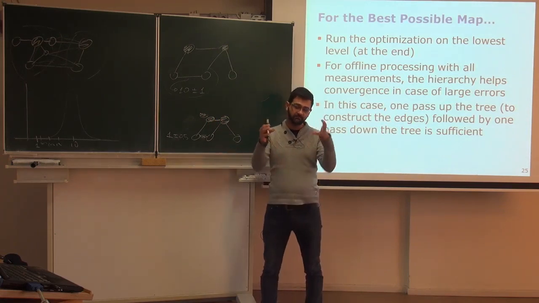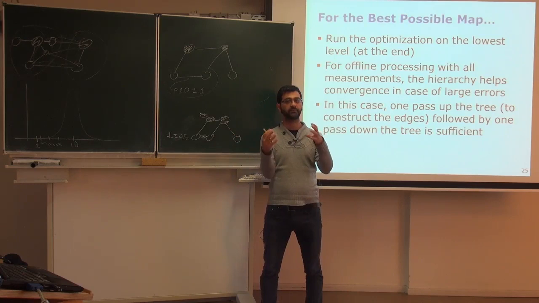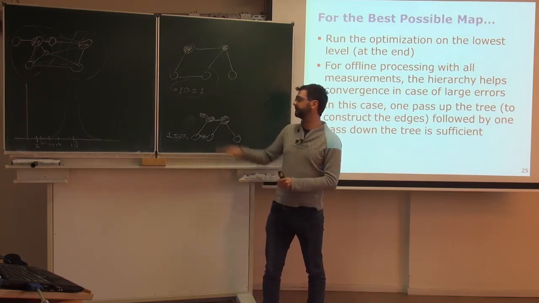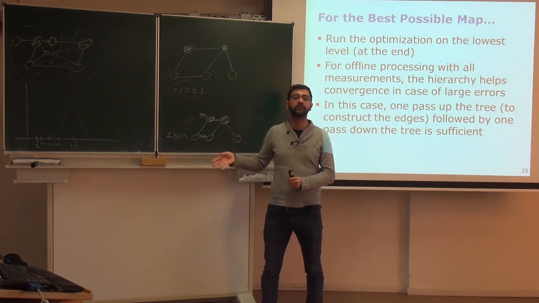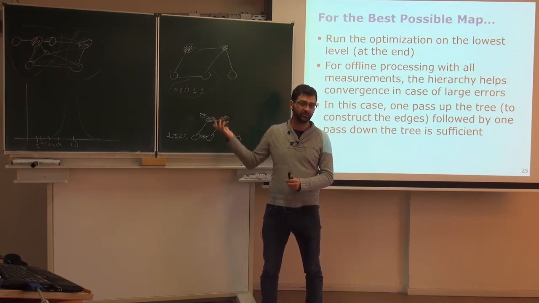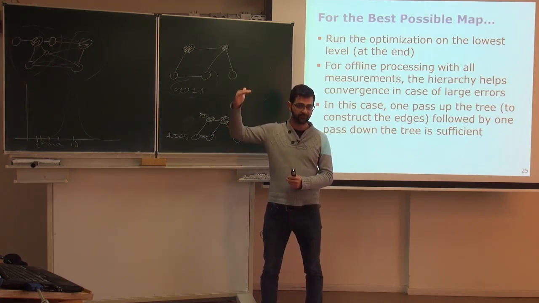It might be already in a good shape. It just needs to be moved a bit here and there. So that translates to needing fewer iterations for the full problem, because some of the iterations I already did in the past while I was optimizing the hierarchy, the upper level. And that's one thing.